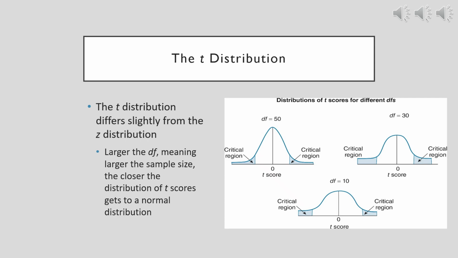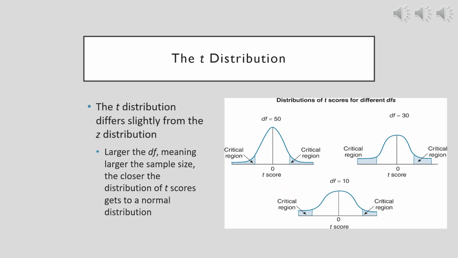However, as the sample size used to create these distributions increases, it starts approaching a normal distribution, like a normal distribution of z-scores.